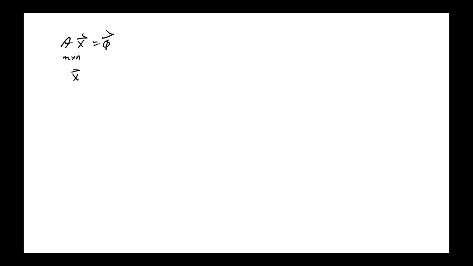Then X would have to have N rows, so that would be some vector x1, x2, x3, down to x sub n.